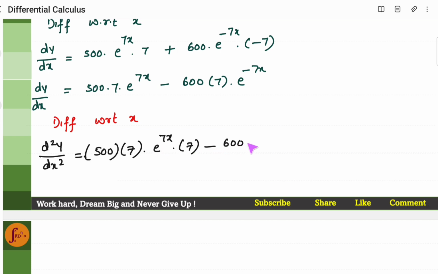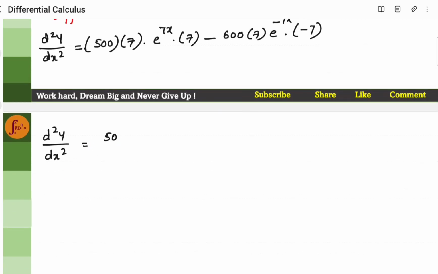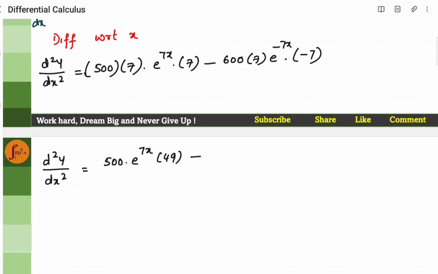Similarly here, e to the power minus 7x is e to the power minus 7x, and derivative of minus 7x is minus 7, right? So d square y by dx square is equal to 500 into e to the power 7x into 49, minus and minus will become plus, 600 into e to the power minus 7x into 49.